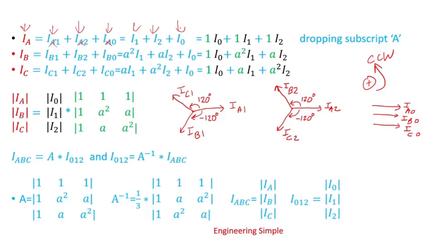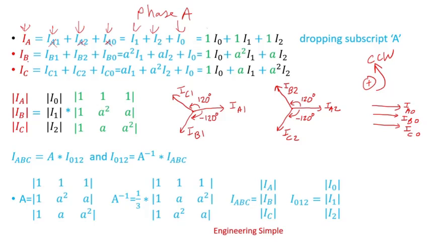But just keep in mind, I1, I2, I0, it's really with respect to phase A. So if you don't see it, assume phase A. Then I'm just rewriting it in a different way. So the same thing is just 1 times I0 plus 1 times I1 plus 1 times I2, because I want to display it such that I can use matrix format later.